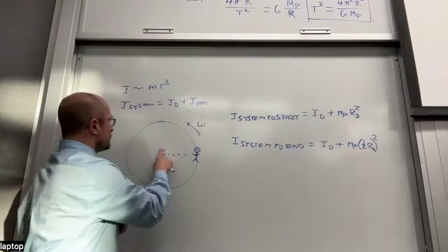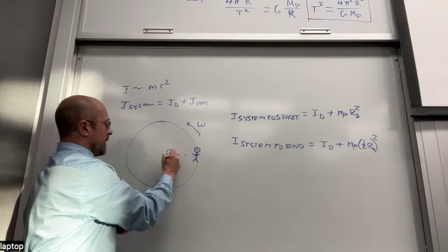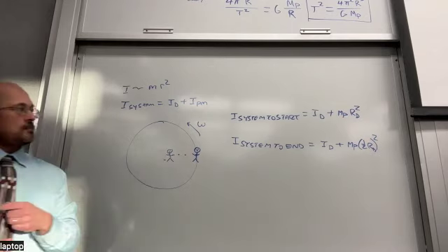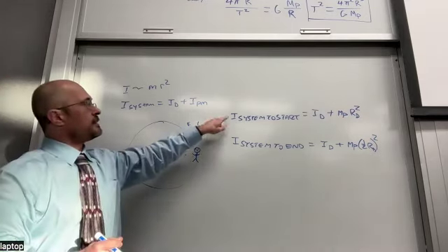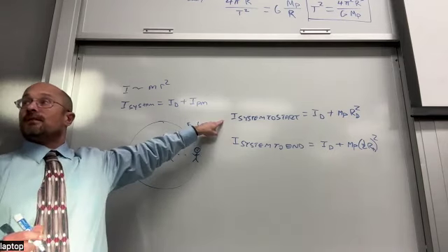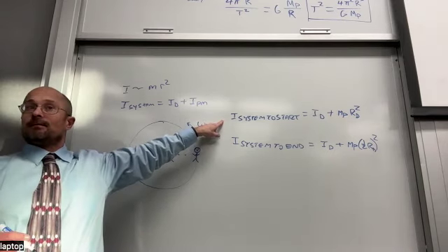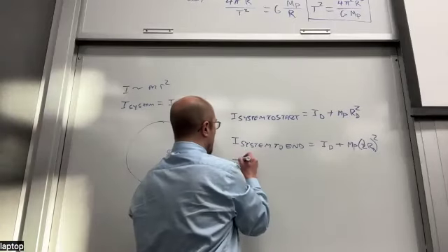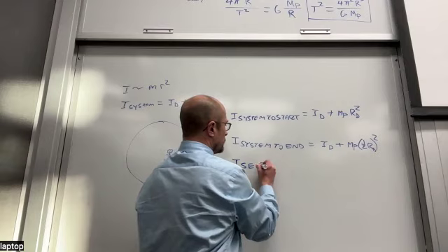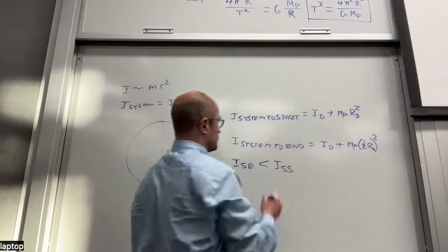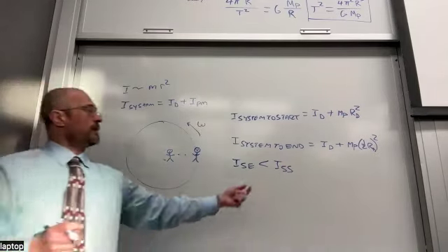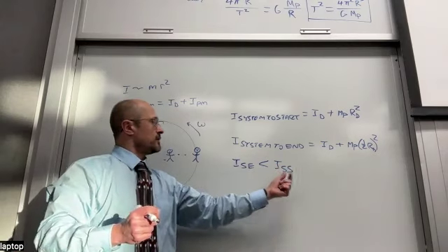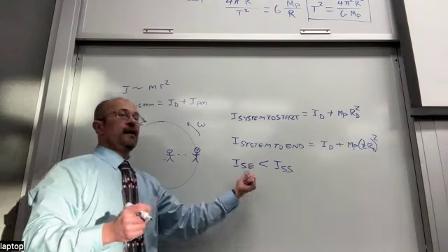So let's just say he moves in somewhat, not all the way. Is this I bigger or smaller than this one? I_end is less than I_start, so the initial moment of inertia is bigger than the final.